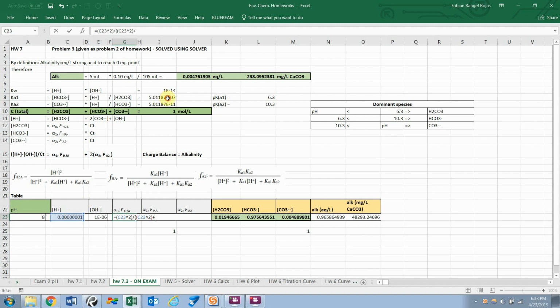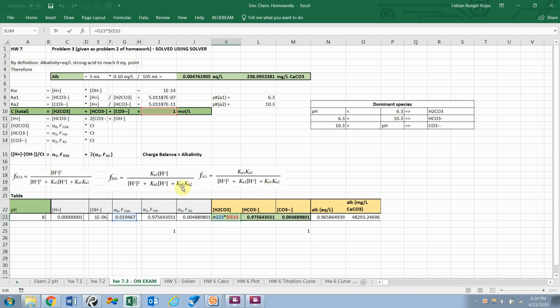So here's my Ka1 value, times H plus, again I'm drawing from this equation right here, plus Ka1 times Ka2. I'm going to close parentheses and done. Okay, similarly I define my alpha 1 and my alpha 2, which correspond to this equation and this equation here.